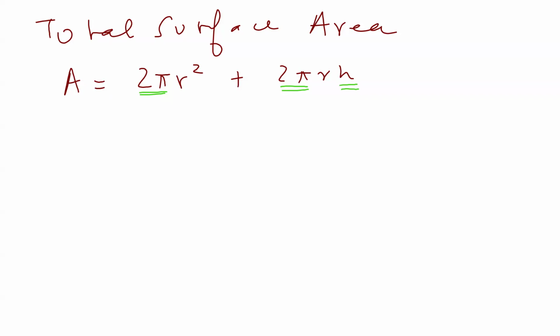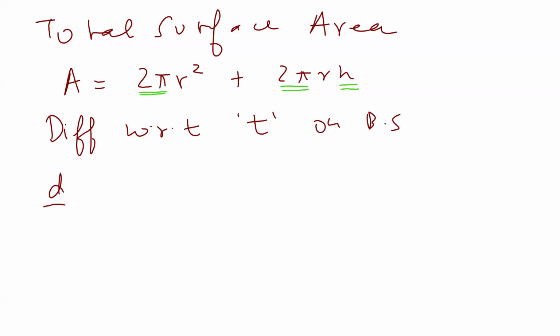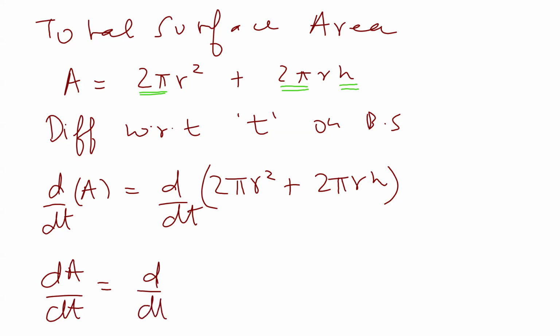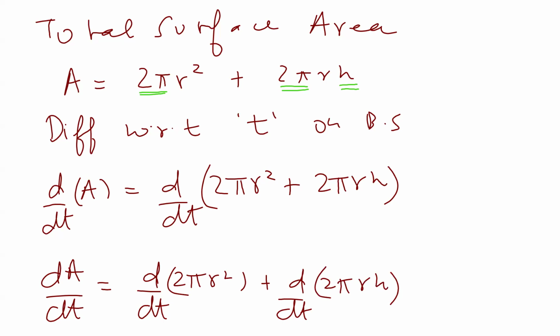These are constants. Now we'll differentiate with respect to time on both sides because everything changes with respect to time. So dA by dt is equal to d by dt of 2 pi r square plus 2 pi r h. So dA by dt, individual derivative, d by dt of 2 pi r square plus d by dt of 2 pi r h.